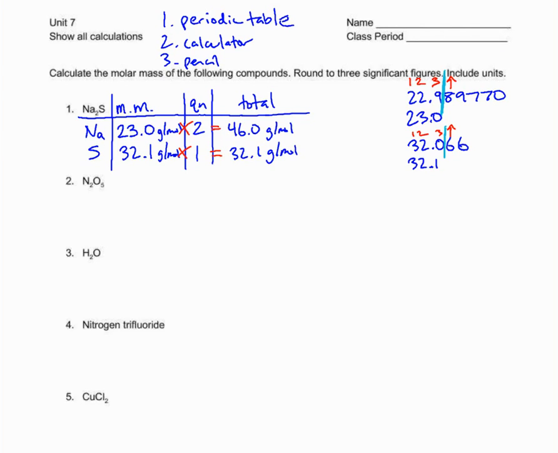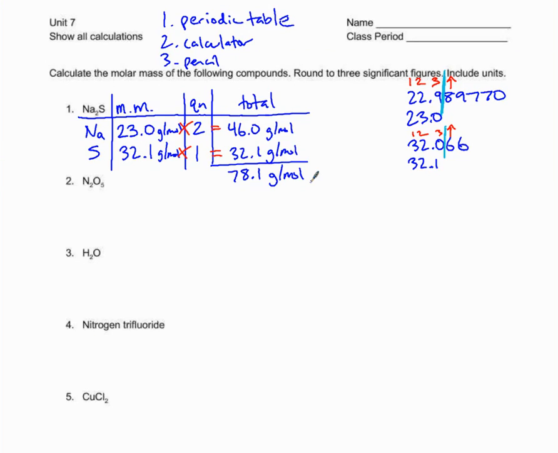And at this point, what I'm going to do is just add everything in this column. 0.1, 8, 7, that's 78.1, and the units are grams per mole. And this is the answer that I should arrive at.